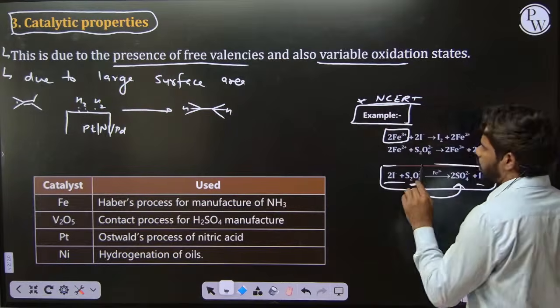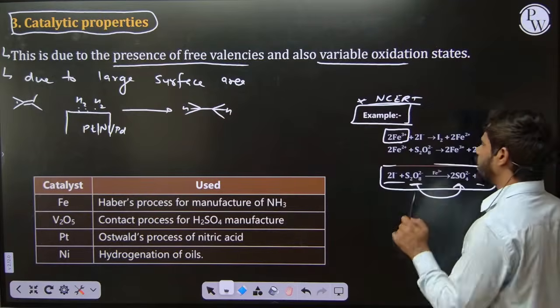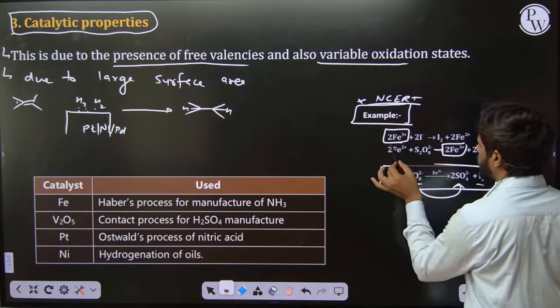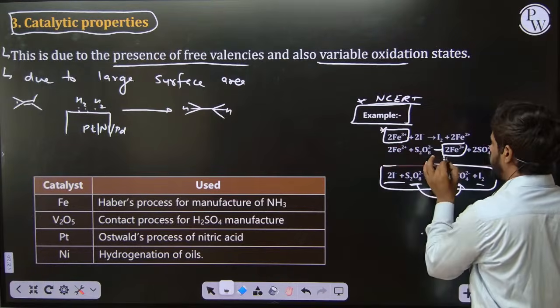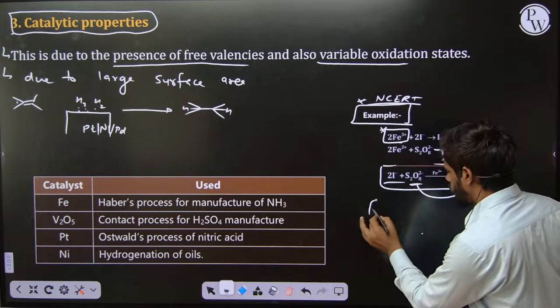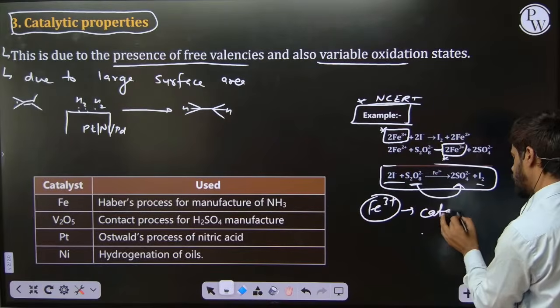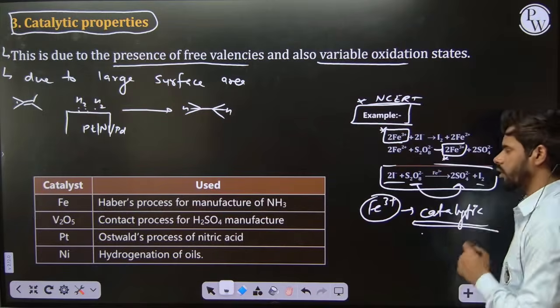So there is no role of a catalyst in the final reaction. In this reaction Fe3+ appears and disappears. Here it is showing the catalytic property, which is conducting this reaction.